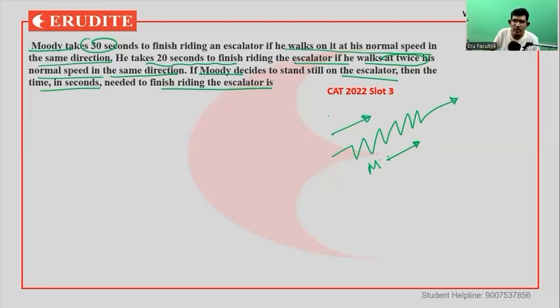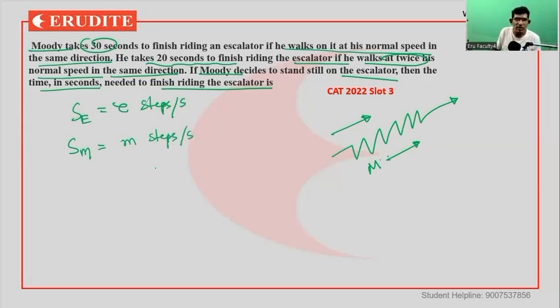The escalator is moving. Let's say the speed of the escalator is E steps per second, and the speed of Moody is M steps per second.